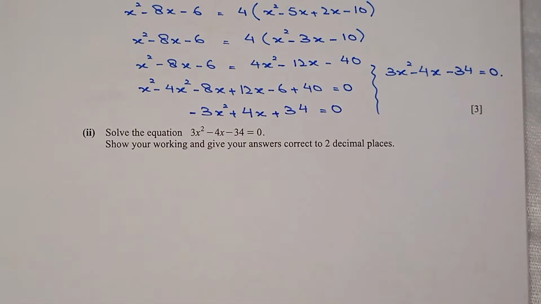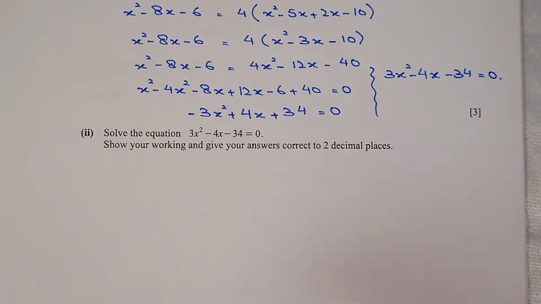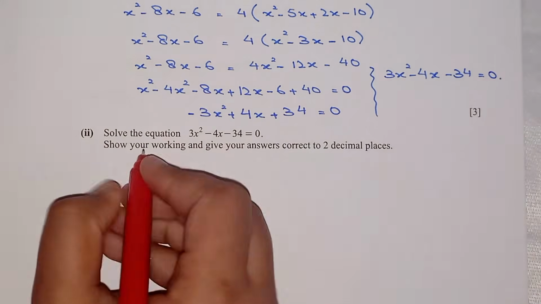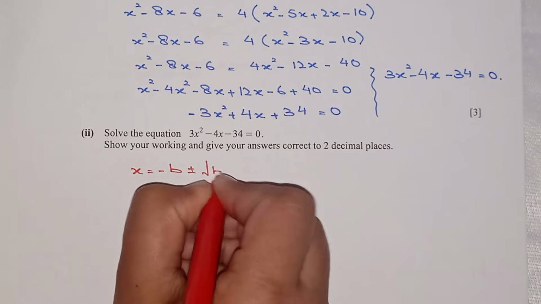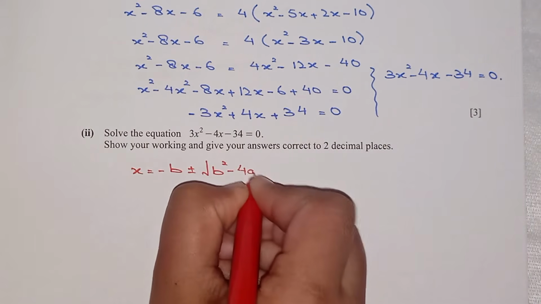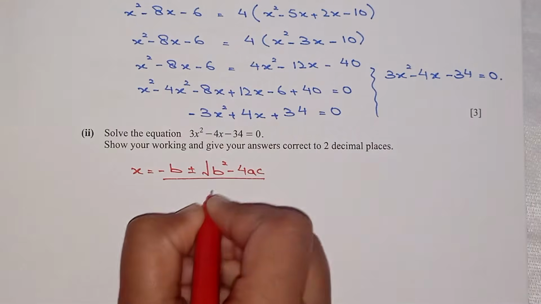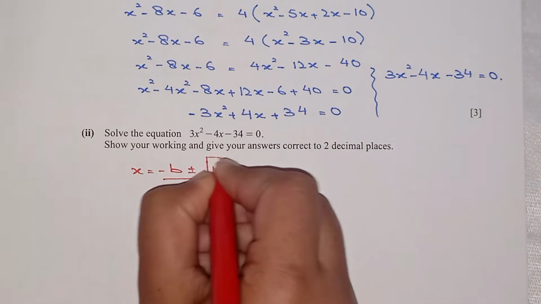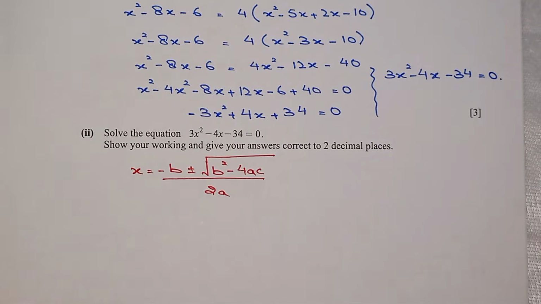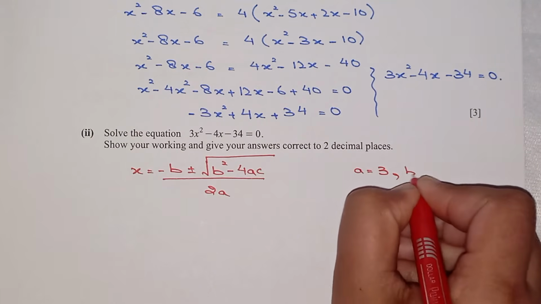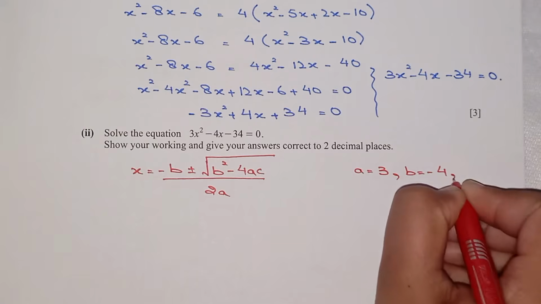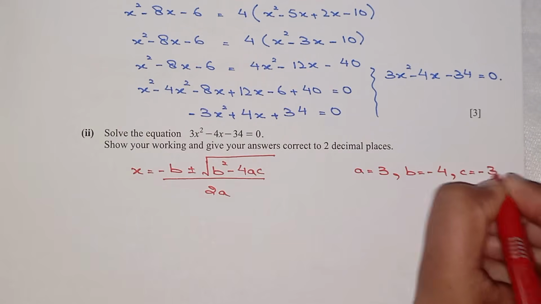Now for the second part, solve the equation, show your work, give your answer correct to 2 decimal places. So it's a quadratic equation. We can solve it by using the quadratic formula, that is x equals negative b plus minus square root of b square minus 4ac, divided by 2a. So let me substitute the values. a is 3, b is negative 4 and c is negative 34.